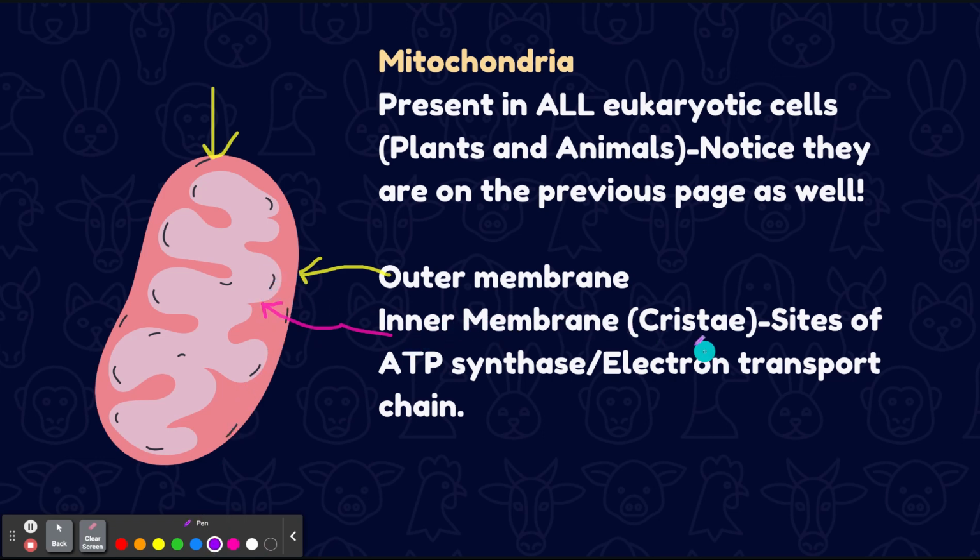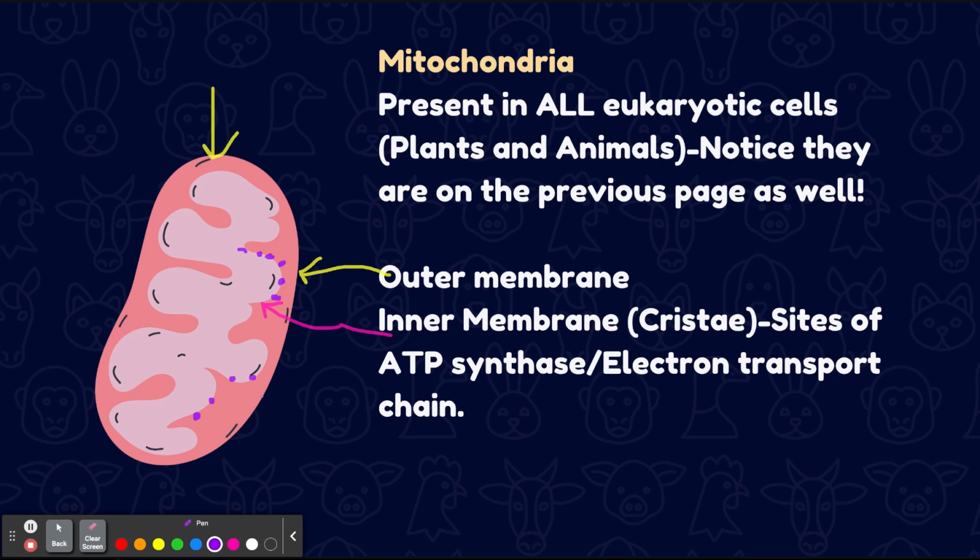Those folds are called cristae, and the inner mitochondrial membrane is completely studded with enzymes that help synthesize ATP, as well as big protein complexes that transport electrons in the mitochondria to eventually produce ATP energy. So yes, it's the powerhouse of the cell, but we're AP Biology, so we need to step that explanation up a little bit.